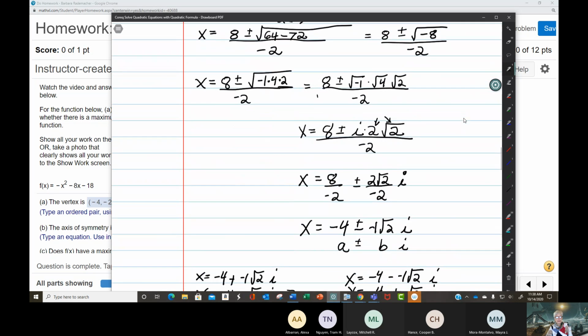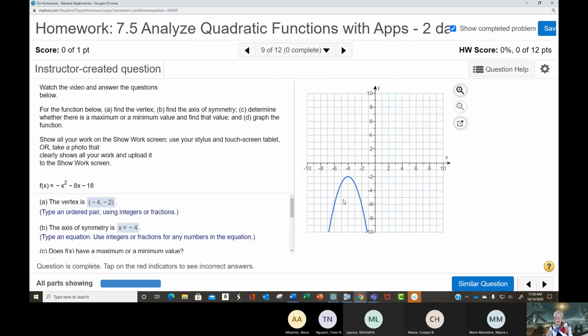Oh, there are definitely no x-intercepts, and here's the graph right there. There are no x-intercepts because the two zeros are complex conjugate. That's the reason. So see, it can get a little difficult there. But you're tough enough and you can carry it out.